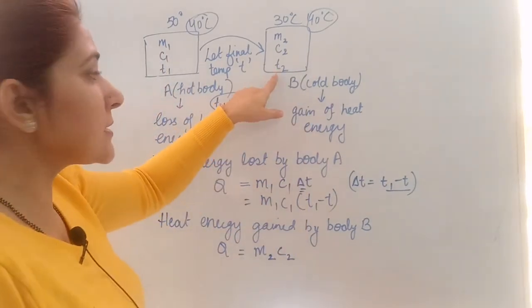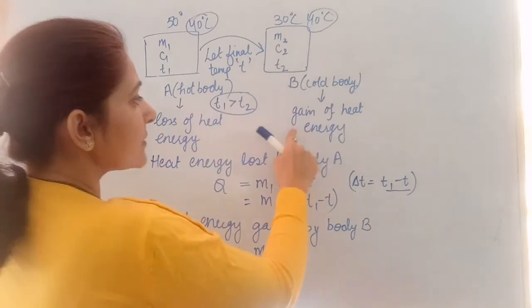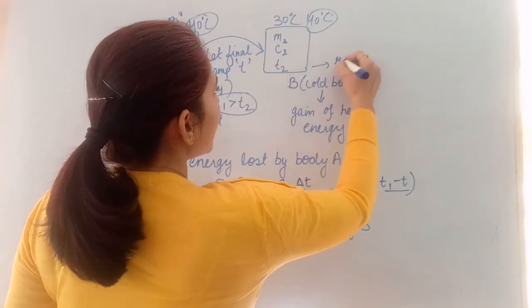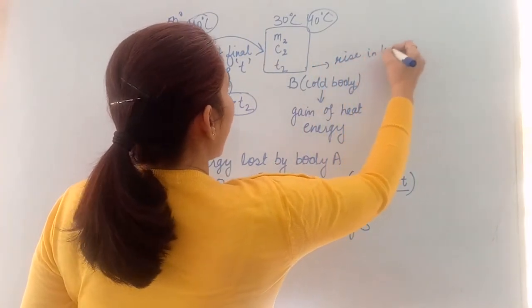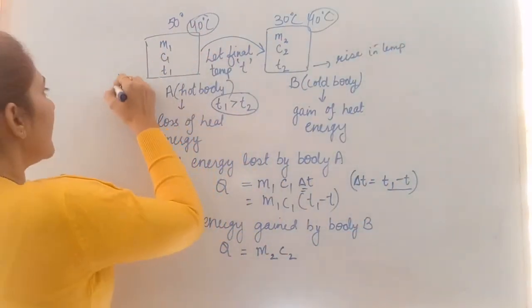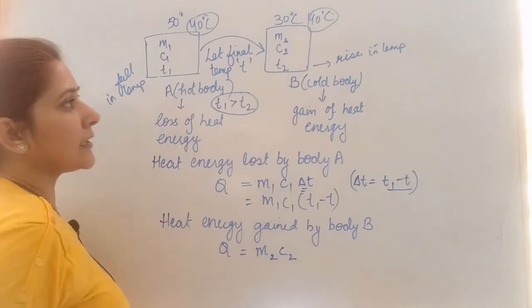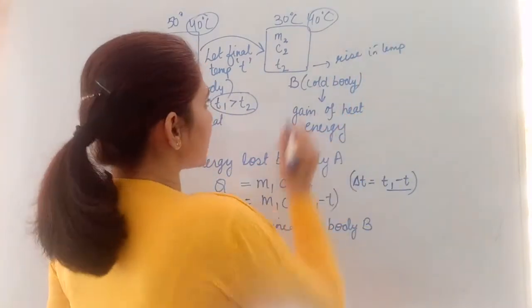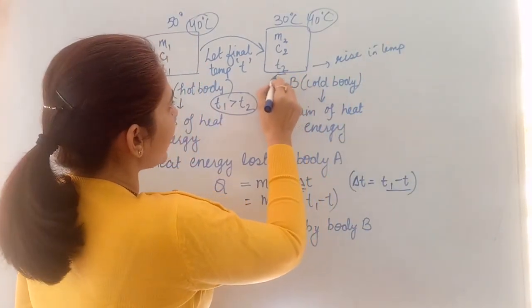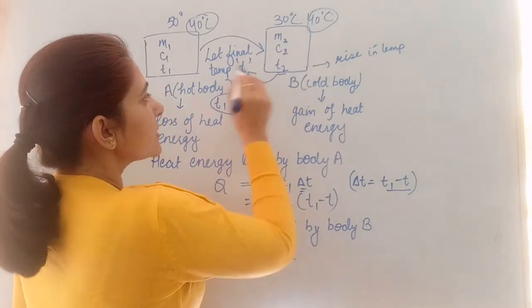Here there is a rise in temperature because this is gaining energy, and in the previous one there was a fall in temperature because it was losing heat. When the temperature is increased, this value is less and the final temperature T is more.